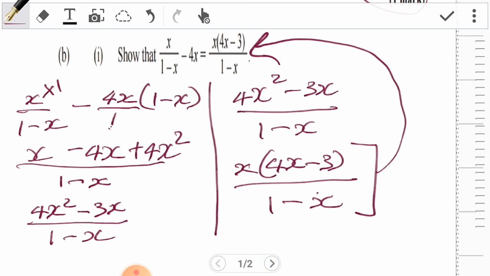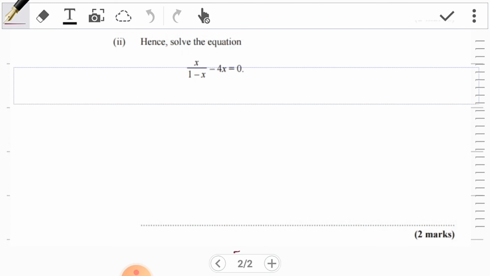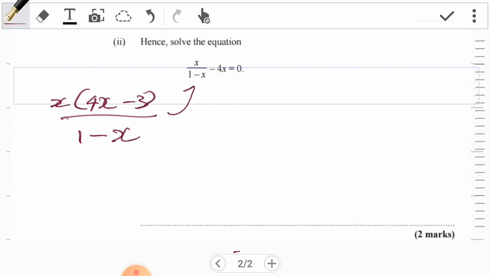So this last part says, hence, which would suggest that the last answer that you got, you need to use that to solve the problem. So hence solve the equation x over 1 minus x minus 4x equals 0. Hence, what we just got was that x into 4x minus 3 over 1 minus x was equal to this that we have here.